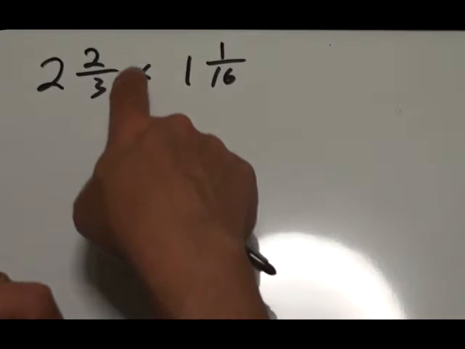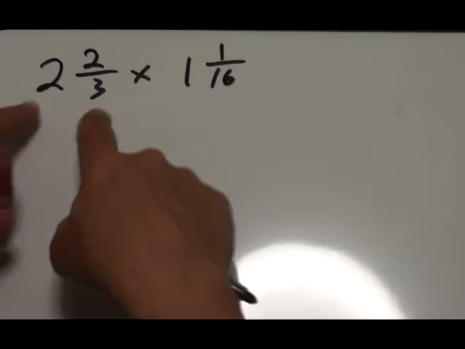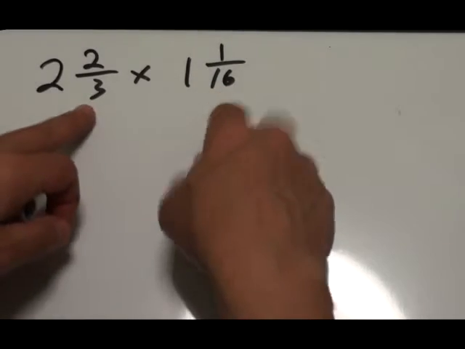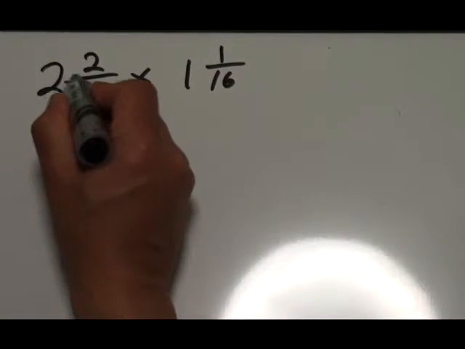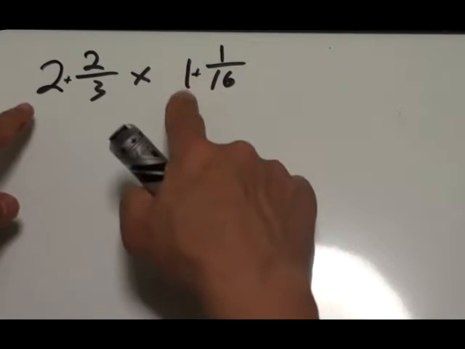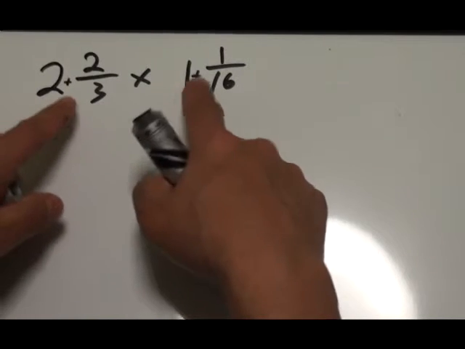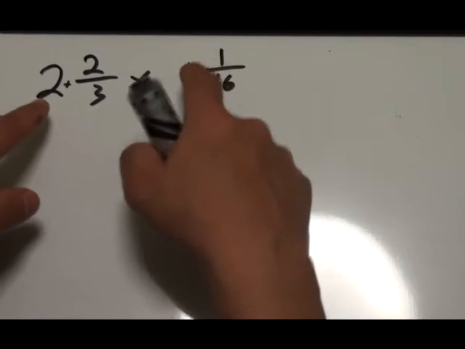But when we have a multiplication, we cannot separate out the whole numbers and the fractions, because remember, that's like a little plus there, and that's like a little plus there. So I can't do these two separately, because I've got to be careful with my order of operations.